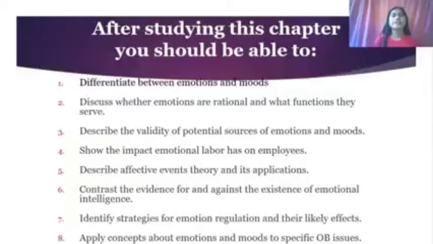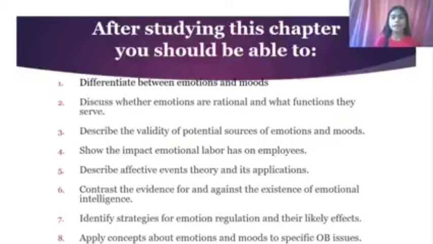After studying this chapter, you should be able to differentiate between emotions and moods. Second, discuss whether emotions are rational and what function they serve. Third, describe the validity of potential sources of emotions and mood. Fourth, show the impact emotional labor has on employees. Fifth, describe affective events theory and its applications.